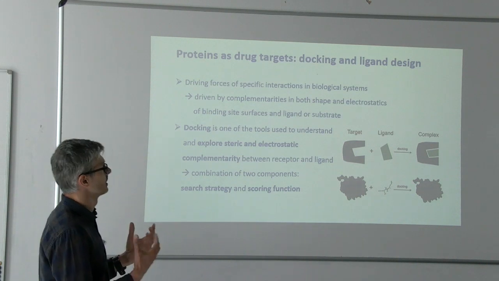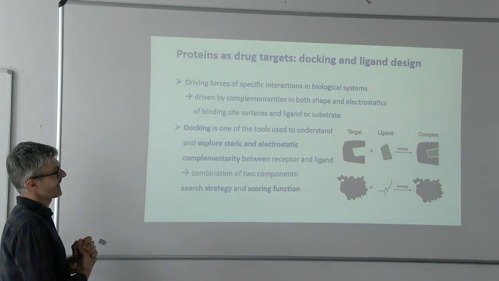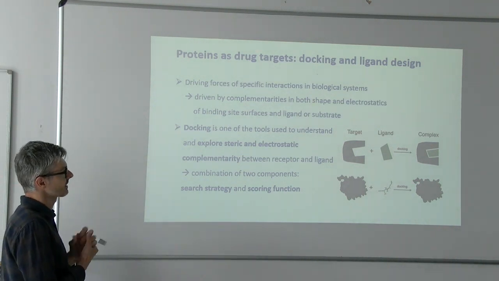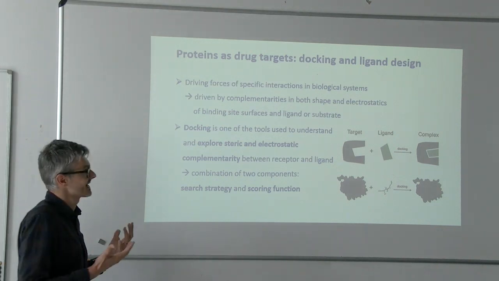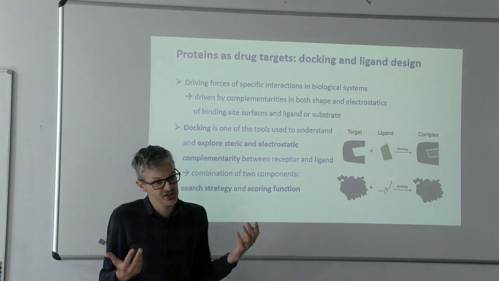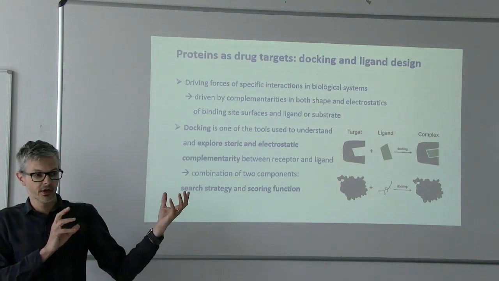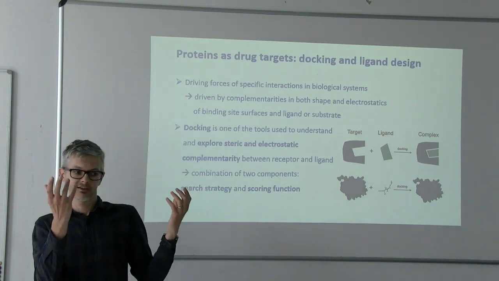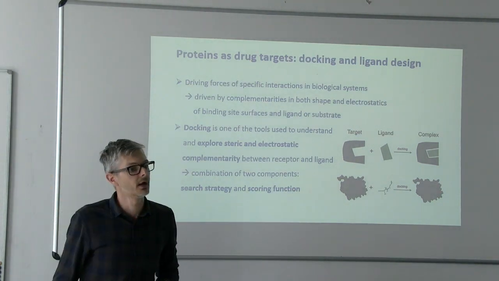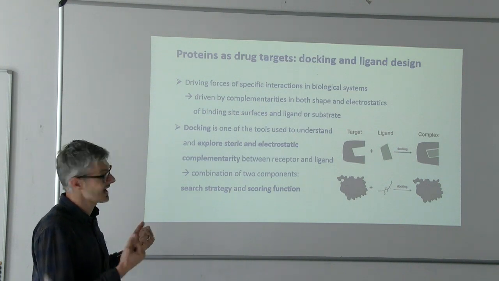Then you also have to understand the forces that are involved, and that's the same as what we already know previously. For example, you can have electrostatic interactions: positive residues on one molecule and a negative one on another can form an interaction. But it can also be hydrophobic.